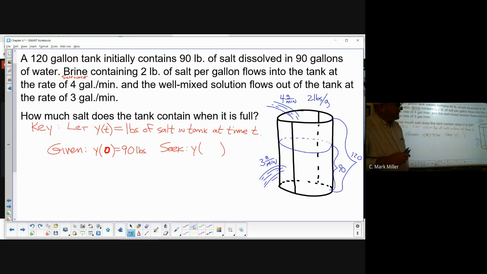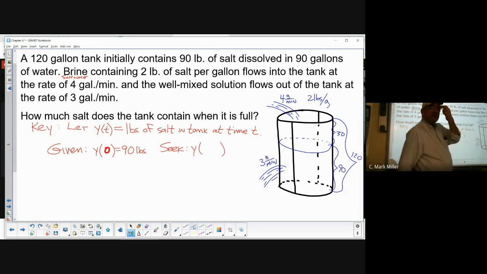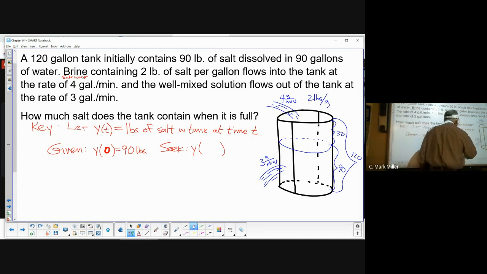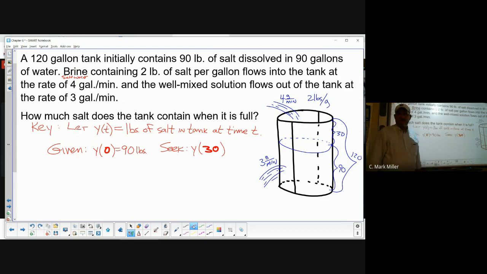The amount of brine in the tank is increasing at 1 gallon per minute. You know that you have 30 gallons of space in the tank. If it's increasing at 1 gallon per minute, it is going to take 30 minutes to fill the tank.